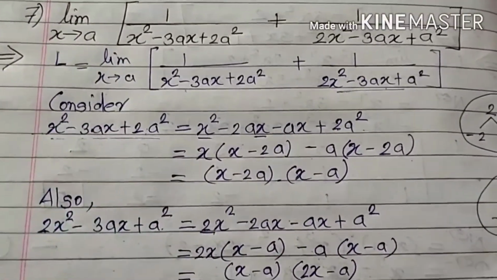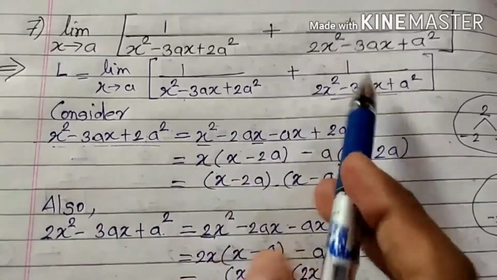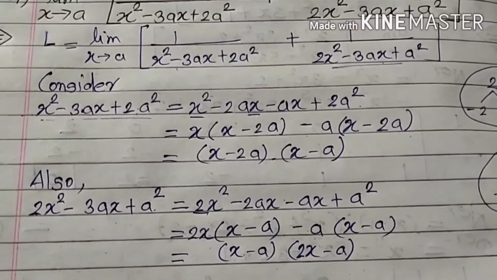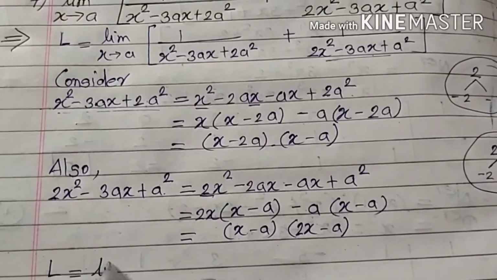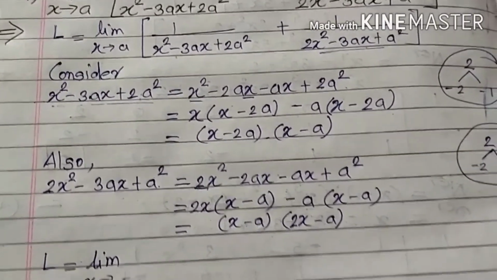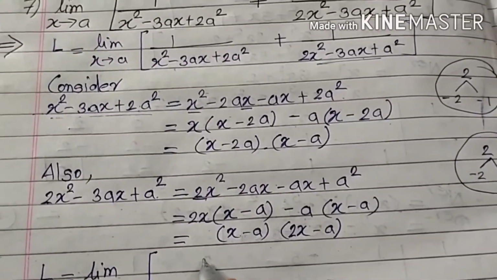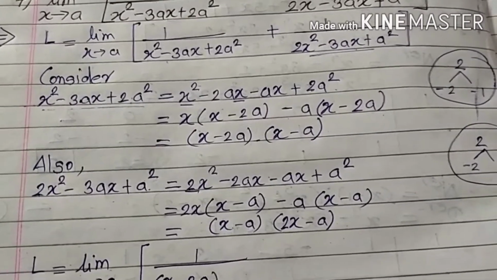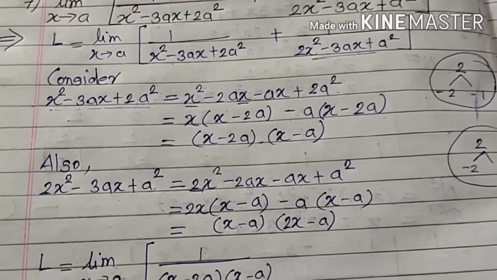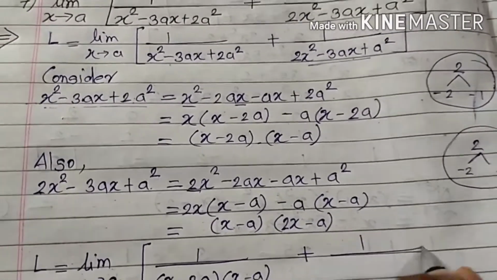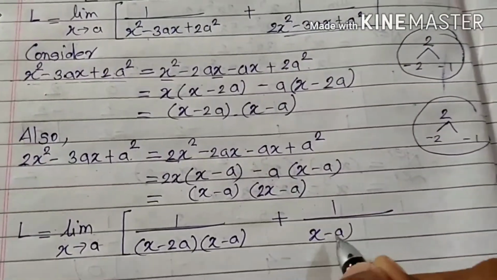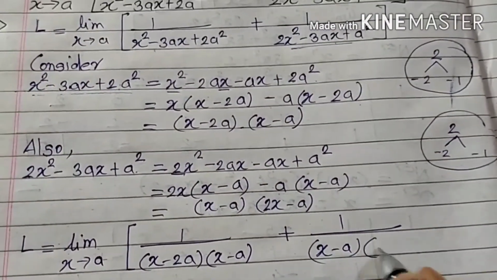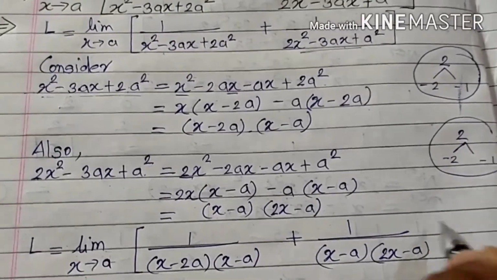Now put those factors in this expression, so we get L is equal to limit x tends to a, 1 upon the first factors x minus 2a, x minus a, plus 1 upon x minus a, and this is 2x minus a.